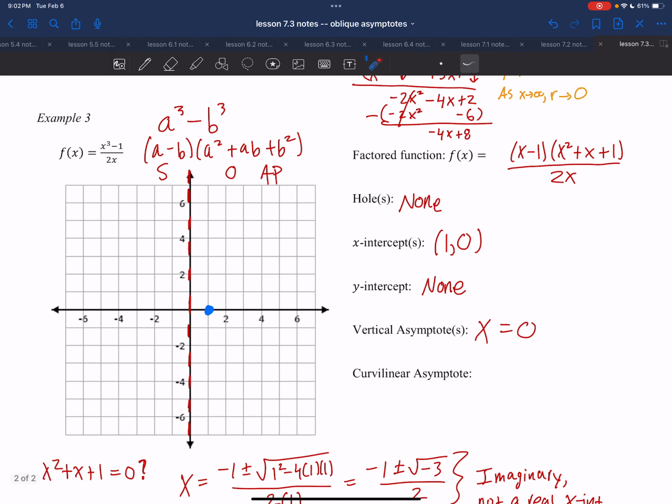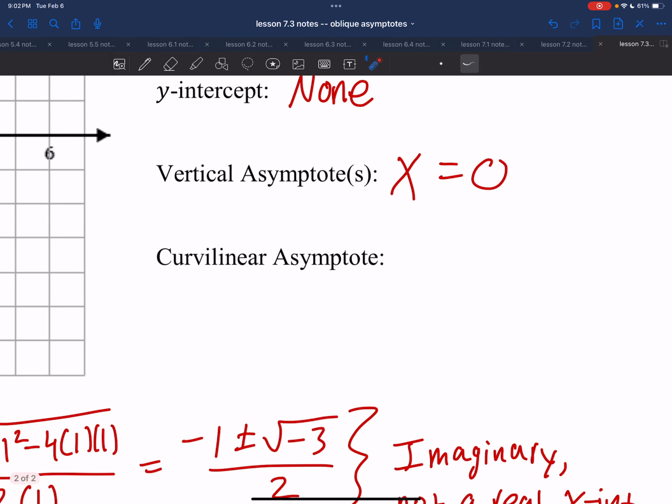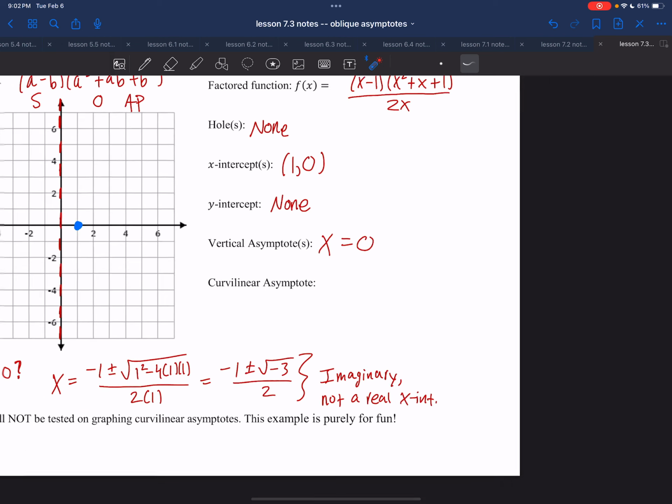Let's see. X cubed minus 1 over 2x. Hold on. Cubed? 1? Yes, no horizontal asymptote. But 3 to 1, the difference is 2, not 1. This is not slant. It is classified curvilinear.